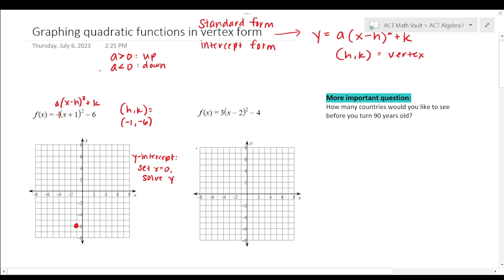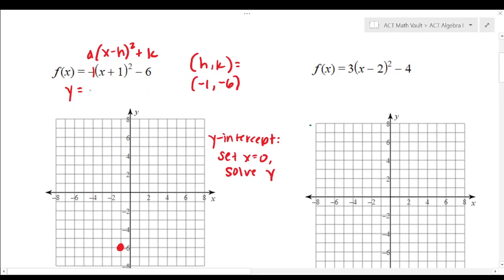So if I set x equal to 0 and solve for y, think of f of x, remember, like y. And I have this -1, but then I have 0 plus 1 squared minus 6. Now let me solve for that. So -1 times 1 squared minus 6, that would give me a -7.